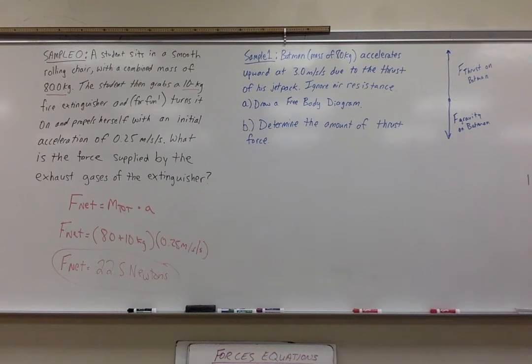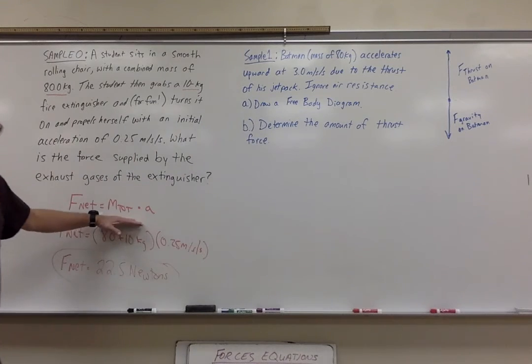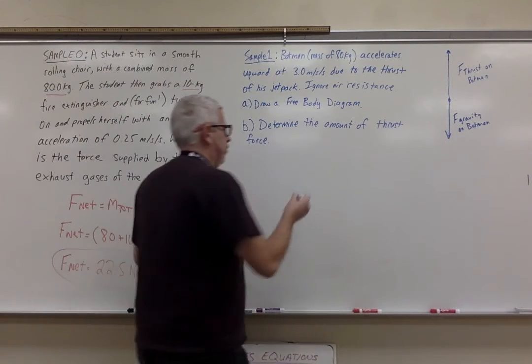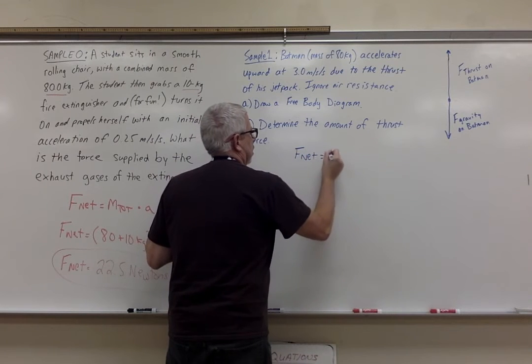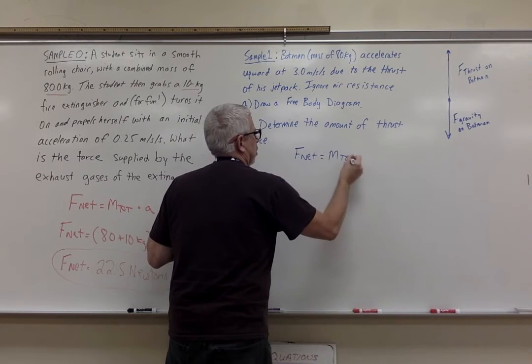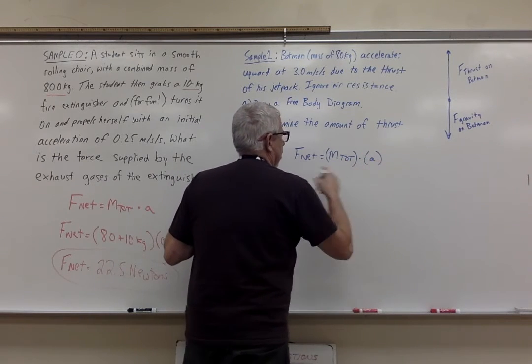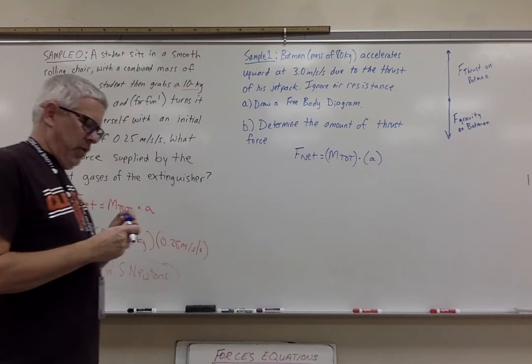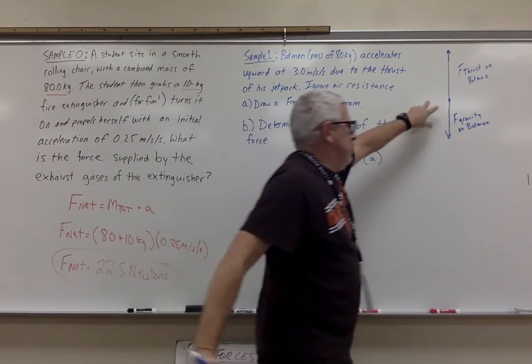So now if I were to figure out the amount of thrust force, I'm going to write the general equation for Newton's second law down first, and then I'm going to go from there. So the general equation is F net equals m total times a. Well, what forces are making up our net force? You can't just put this as thrust because that's not the only force in this situation.